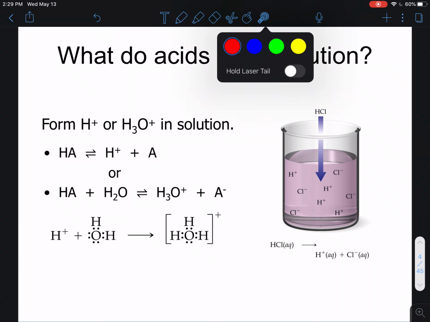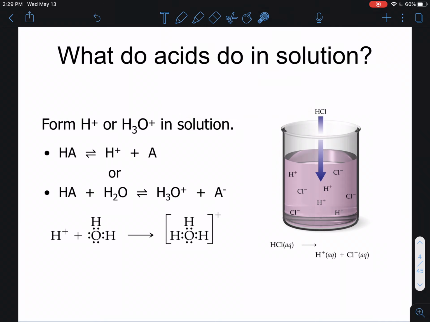And the answer is yes. Even though Arrhenius acids form H plus in solution, what actually ends up happening is that this H plus proton, this cation, will protonate water. This is water right here. It protonates water to form H3O plus.